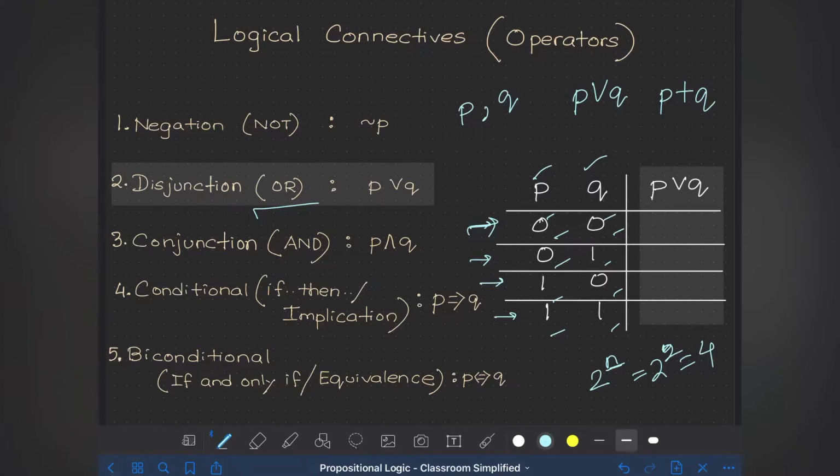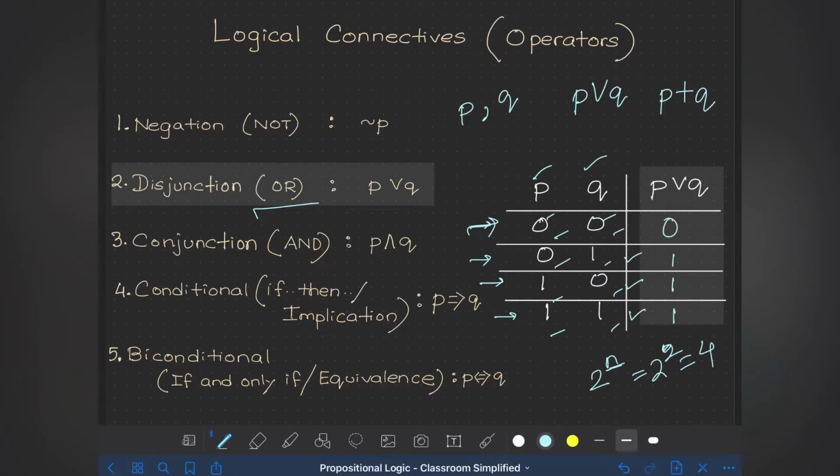So where p is true or q is true or both are true is in this second row, third row and fourth row. So we can term all these three as 1 or true. Why? Because it has been defined as this disjunction result will be true whenever p is true or q is true or both are true, but the rest will be false.